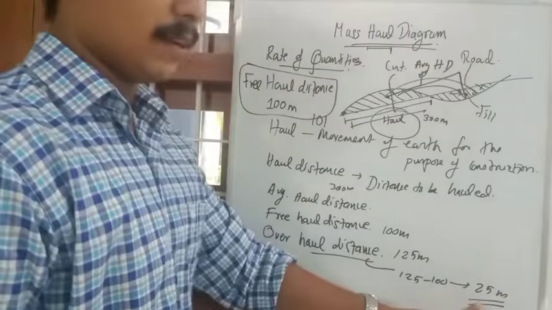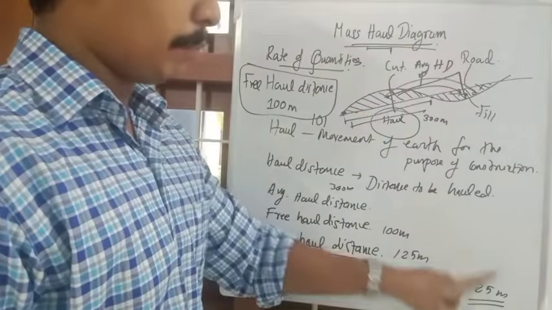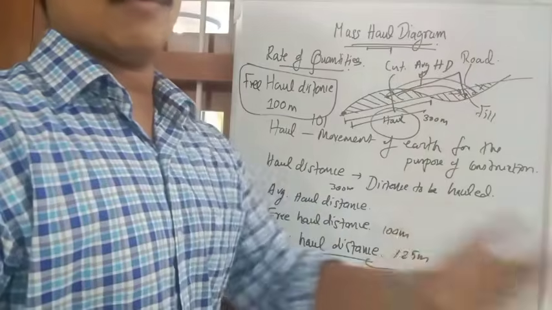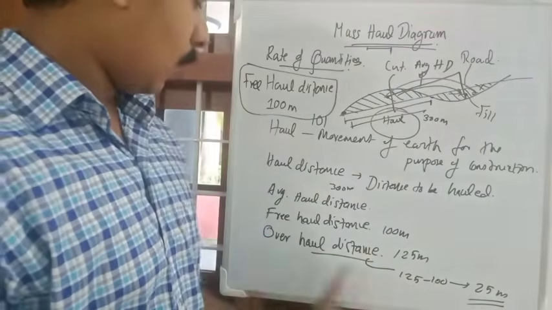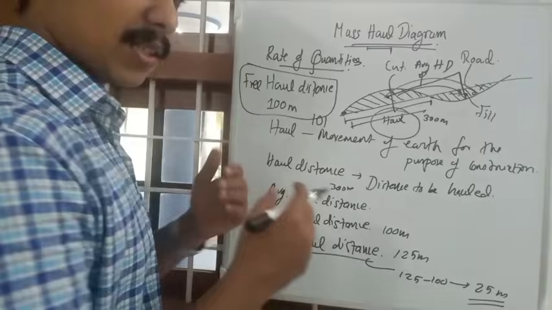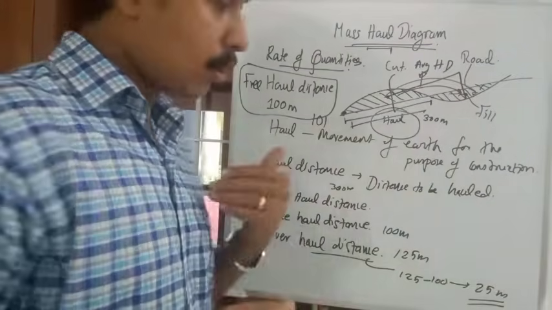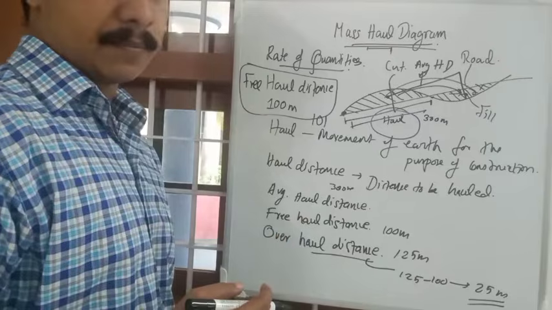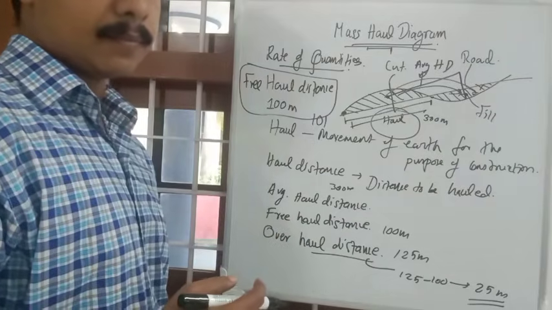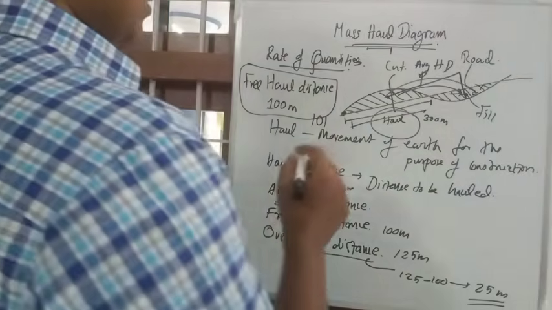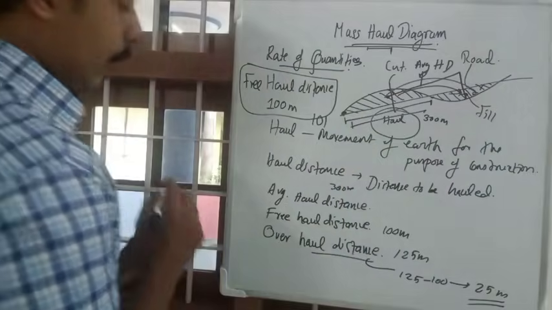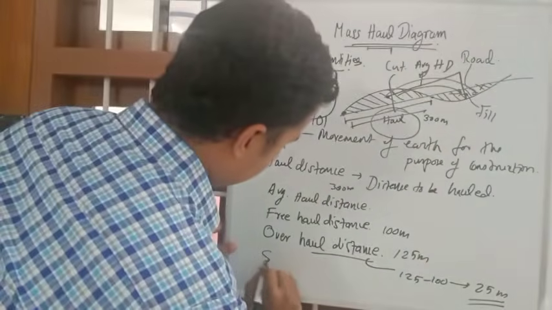And for that 25 meters, the client should be paying the contractor an amount of money. That is overhaul distance. Overhaul distance is the distance that earth is hauled more than free haul distance. Then there is a unit for hauling, that is station unit.